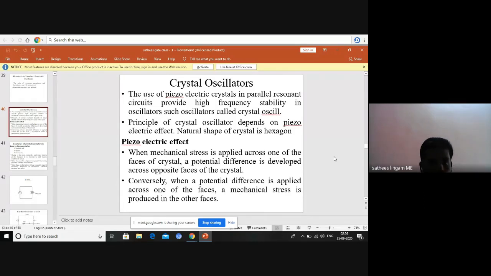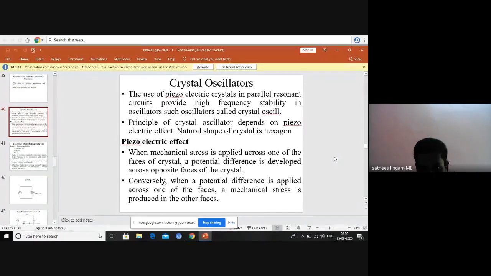So how is the crystal giving oscillations? The principle of a crystal oscillator depends on the piezoelectric effect. You can simply ask me, what is the piezoelectric effect?